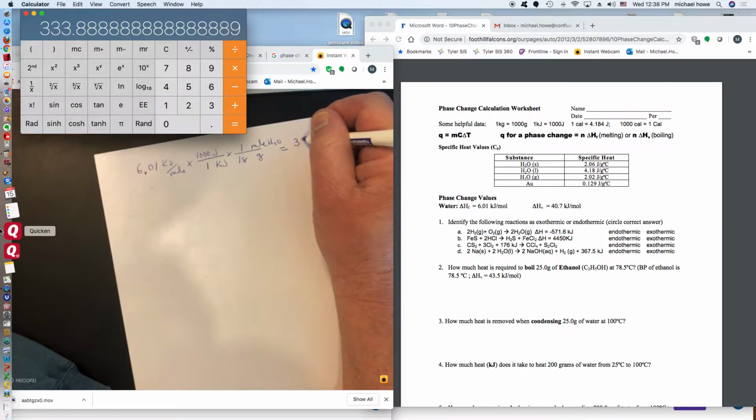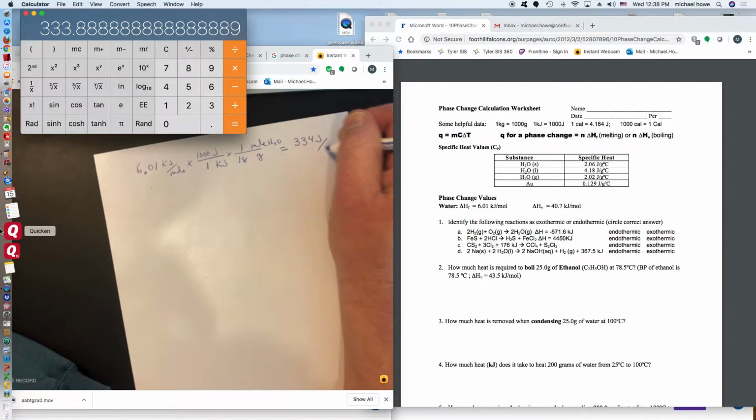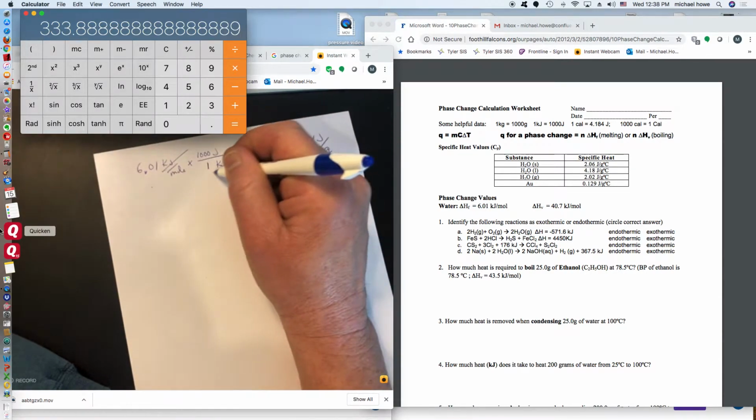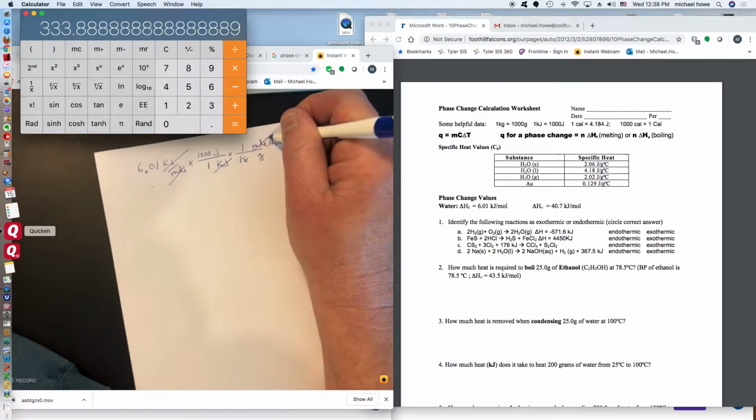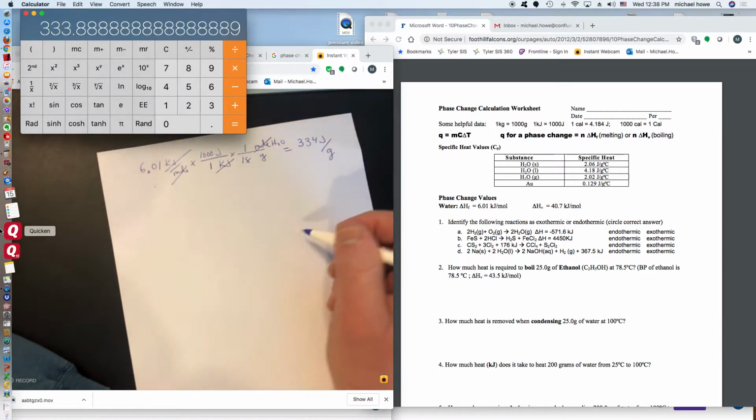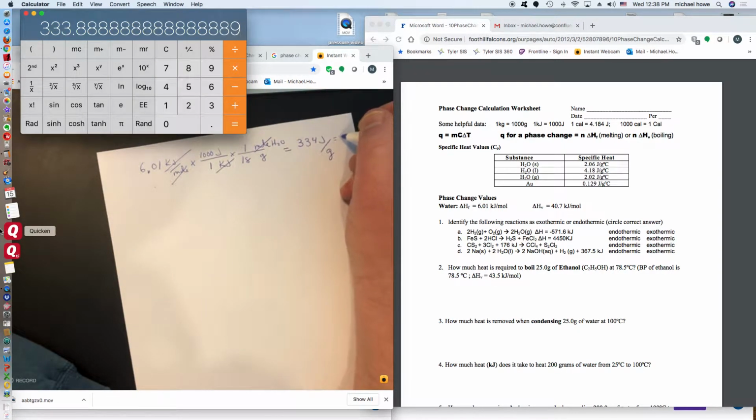So 334 joules per gram. You see kilojoules canceled, moles canceled like that. You have joules and grams left. So that's the heat of fusion of water.